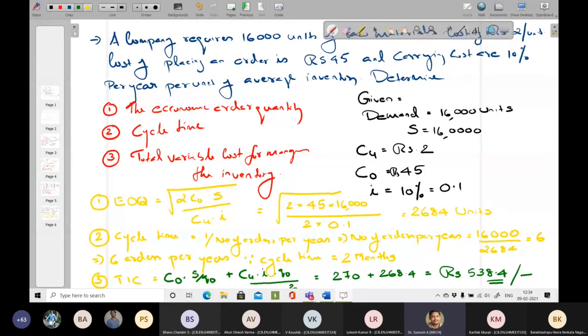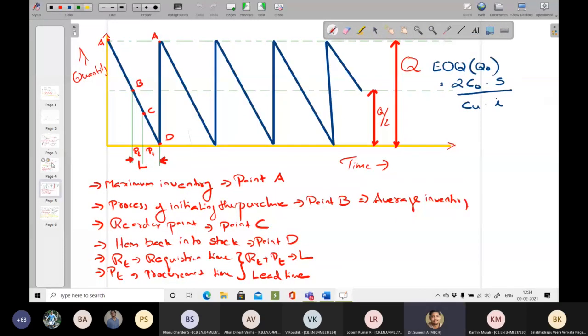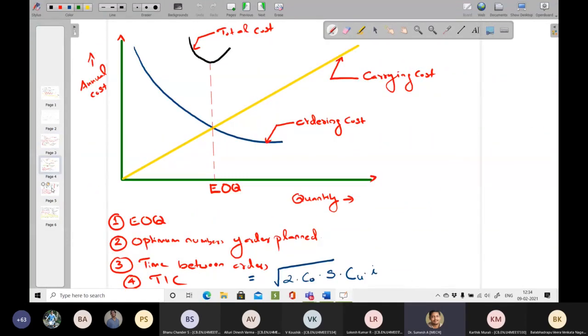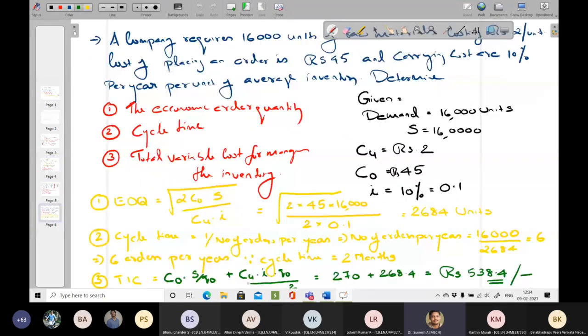You have to note that down. This is the total variable cost for managing the inventory that we have calculated, and it has 2 terms, annual cost of ordering and annual inventory carrying cost. That summation gives you the total variable cost for managing the inventory.